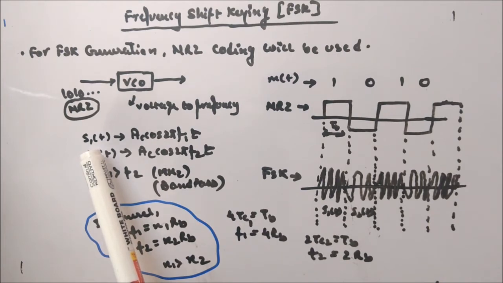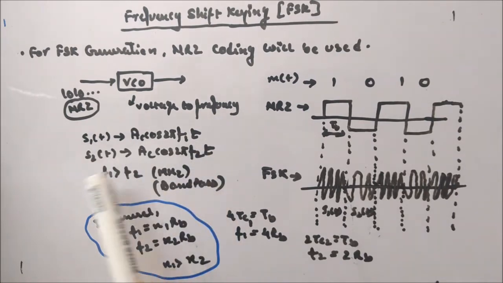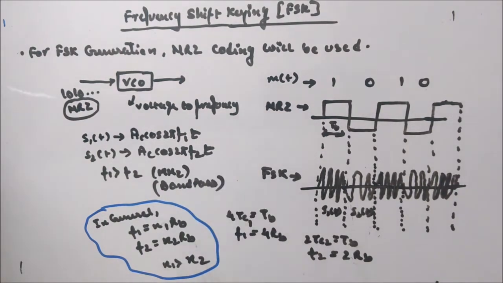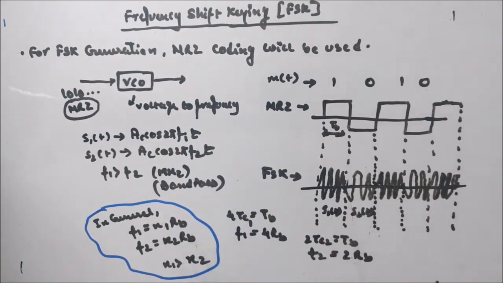When you want to send bit 1, you will send S1(t) = AC cos 2 pi f1t, and when you send bit 0, you send S2(t), that is AC cos 2 pi f2t. These are the two signals you will send through the transmitter.